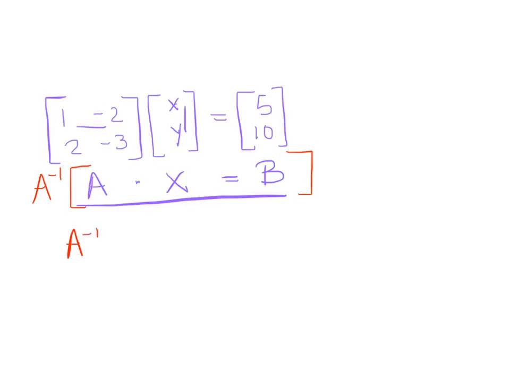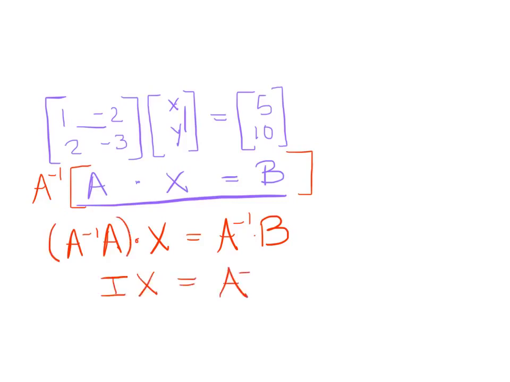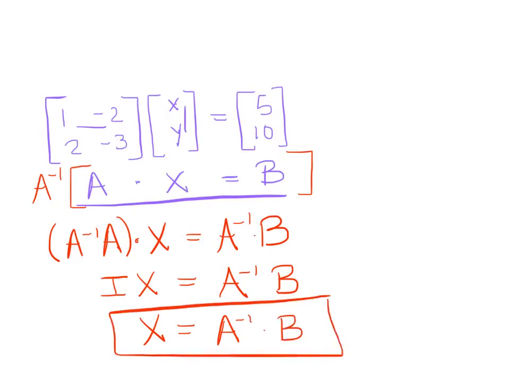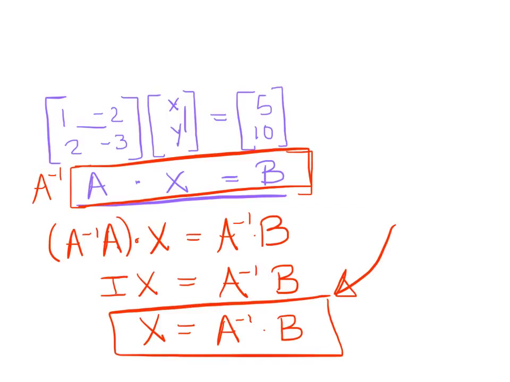So this is A inverse A times x is equal to A inverse times B. I choose to associate this way, so I have I x is equal to A inverse B, or just x, because that is the identity matrix, A inverse B. So there you have it. This is exactly why we want inverse matrices, because if I have this matrix equation, I can solve it for x using the inverse.